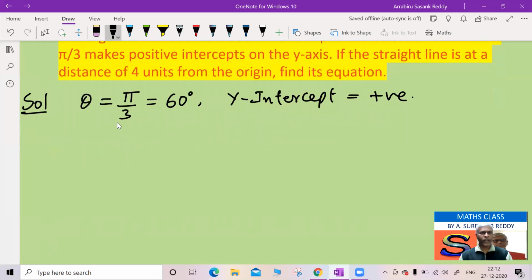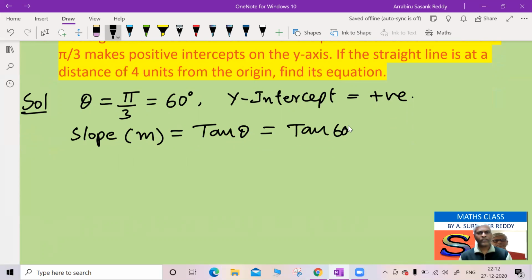So from the angle, we can calculate the slope of the line. That is m is equal to tan theta, that is tan 60 degrees. Therefore, the m value is root 3.